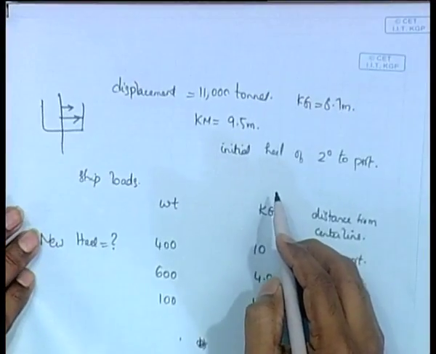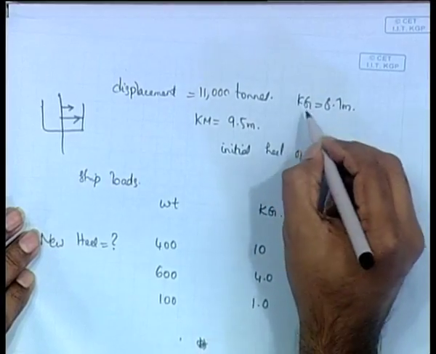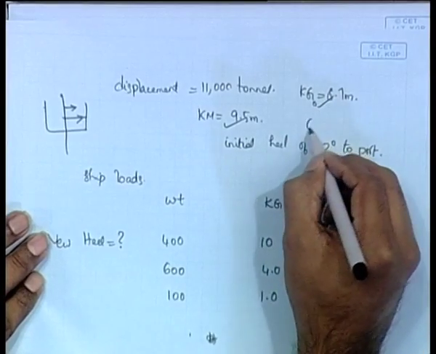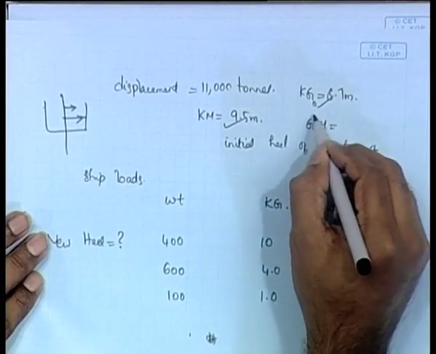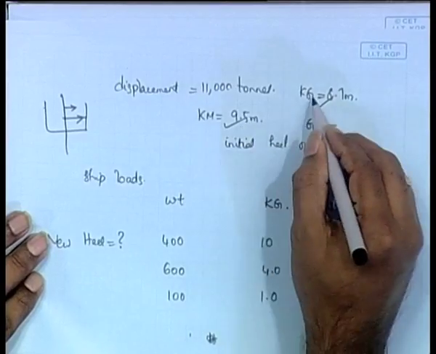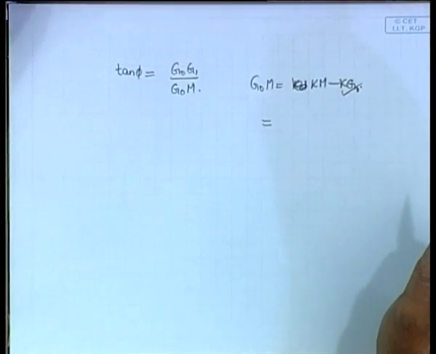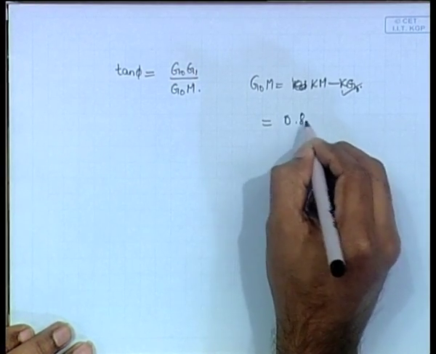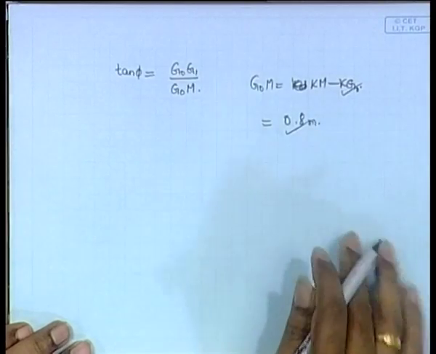So, from these two you can get G0M is KM minus KG0. From this you will get something like 0.8 meters. So, this gives you your G0M.